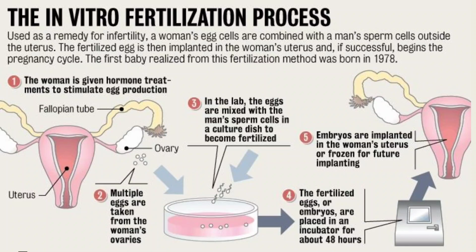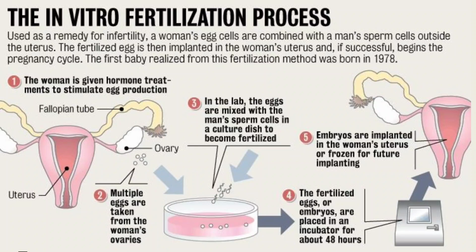The sperm are collected from the male partner on the same day as the egg retrieval. The fourth step is fertilization, where the sperm and the egg get fused in the lab and left for several days. During this time, embryos are monitored to ensure that they are developing normally.